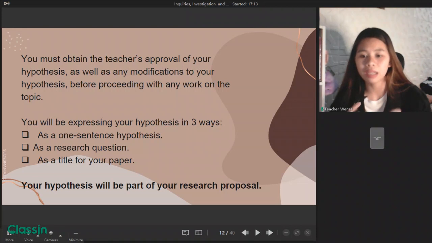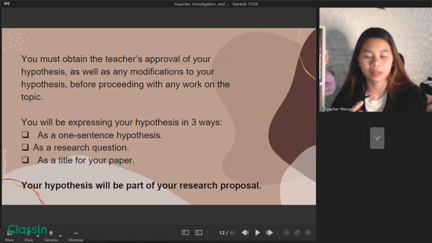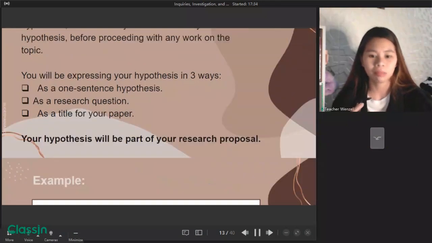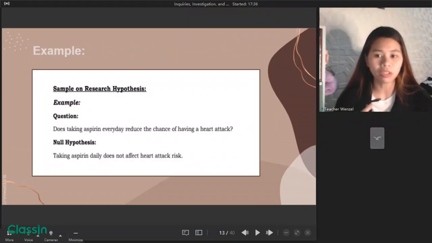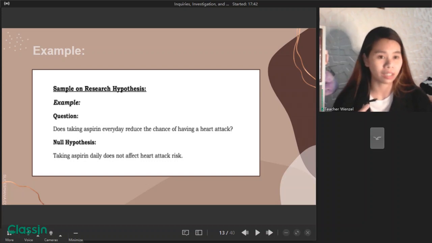So you will be expressing your hypothesis in three ways: as a one sentence hypothesis, as a research question, and as a title for your paper. That's the three. So your hypothesis will be part of your research proposal. So this is the example. Sample research hypothesis. Example question: does taking aspirin every day reduce the chance of having a heart attack?